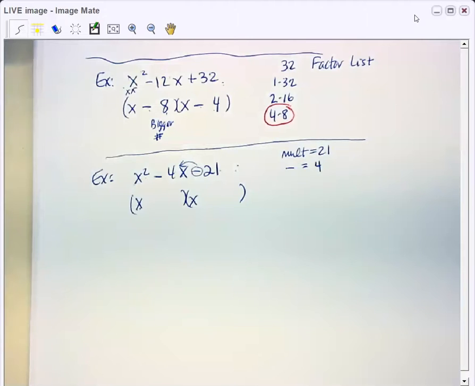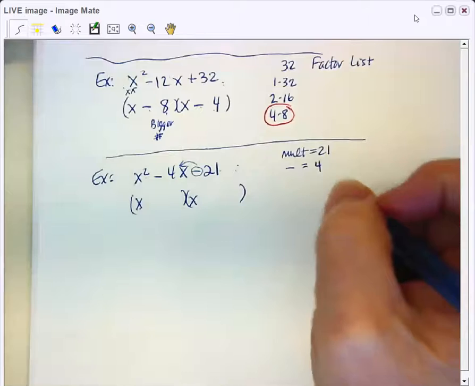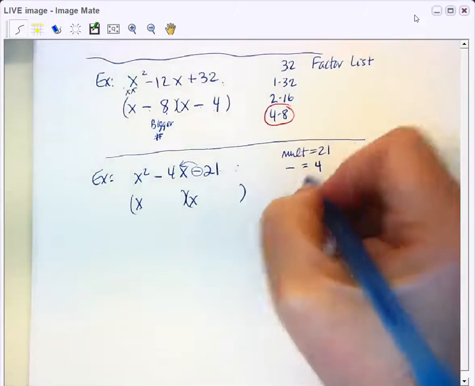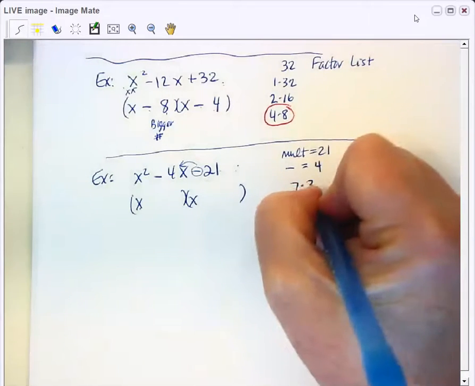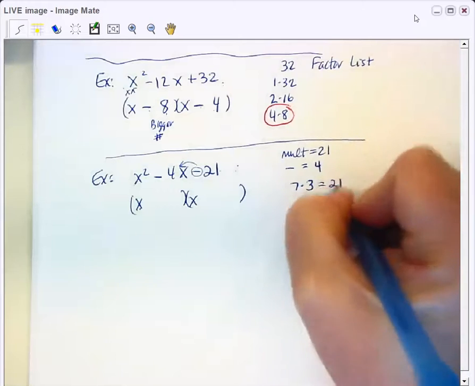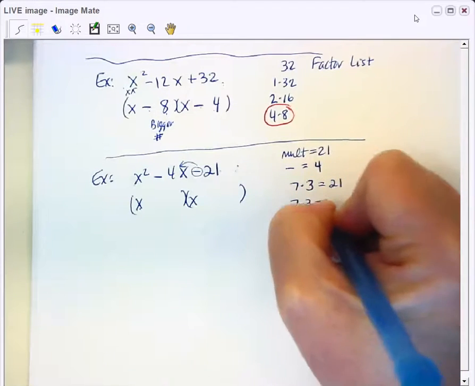Yeah, there's a lot of them that just, they are what they are. Okay. So yeah, it's 7 and 3. So 7 times 3 equals 21 and 7 minus 3 equals 4.